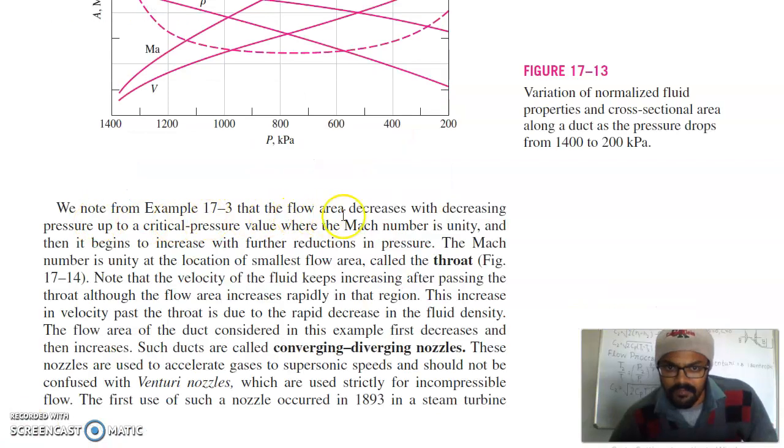We note that the flow area decreases with decreasing pressure up to a critical pressure value where the Mach number is unity, and then it begins to increase with further reduction in pressure. The Mach number is unity at the location of smallest flow area, called the throat.